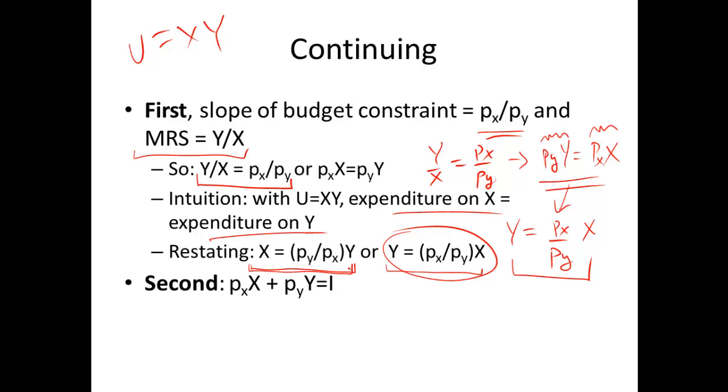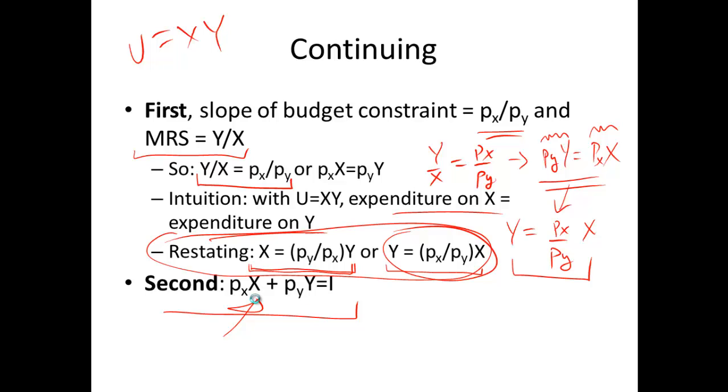All right, so far we've just used the first condition, which intuitively is that the slope of the indifference curve equals the slope of the budget constraint. The second condition, that we're on the budget constraint, means that this equation has to hold: our expenditure on x plus our expenditure on y equals our income. So the game plan here is to plug one of these conditions into the budget constraint and solve for x or y.